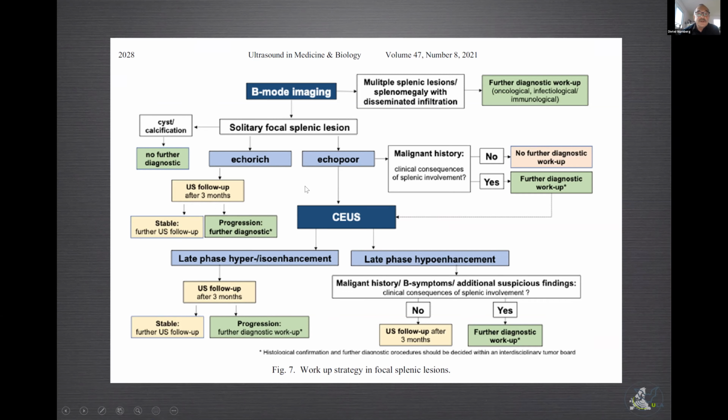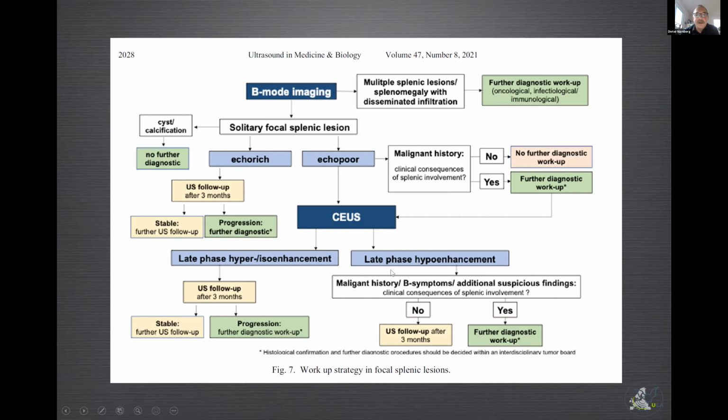The most important lesions are the echo-pure solid lesions, and we would like to discuss that after the next lecture. Then it's useful to take SOIS or contrast media ultrasound and to look for lymphoma or other solid lesions.